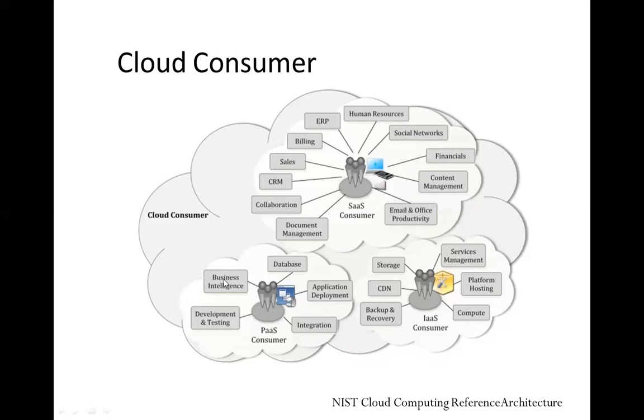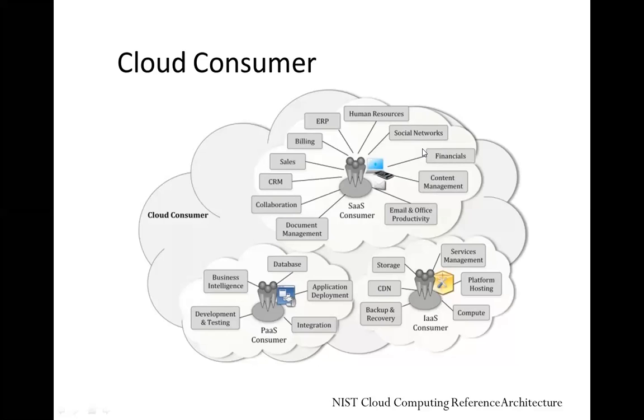You can see here business intelligence, databases, application deployment, integration, development, and testing. And here you can see storage, service management, platform hosting, compute, backup and recovery. These are all related to the IaaS consumer. These are related to the PaaS consumer, and these are related to the SaaS consumer. So these are the services that are being used by consumers.